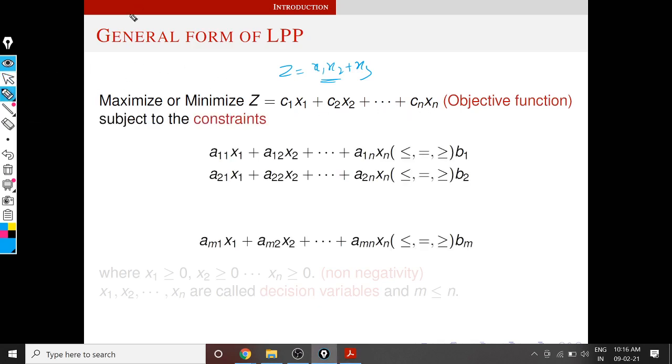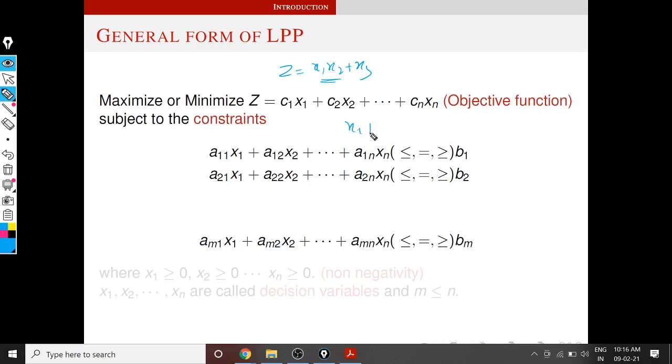Subject to constraints. What are the constraints? The first equation is denoted like this: a11x1 plus a12x2 plus ... plus a1n xn. Here it may be less than or equal to or greater than or equal to, whatever be, because inequations are allowed. And the right side is b1.